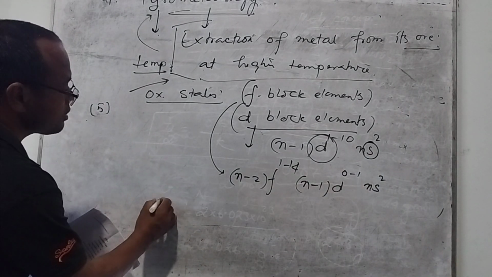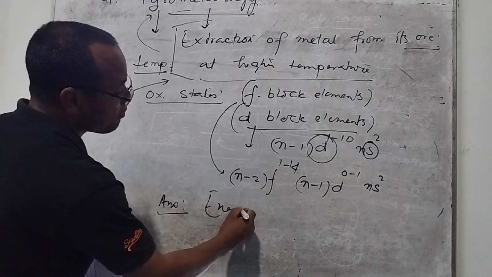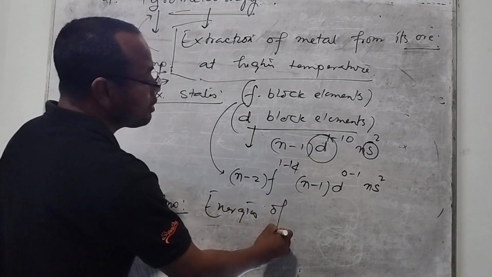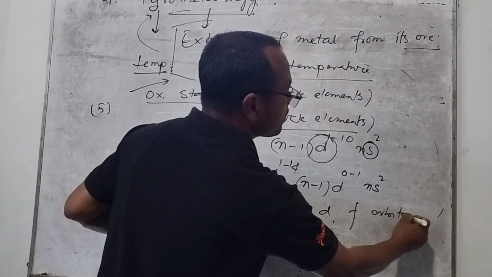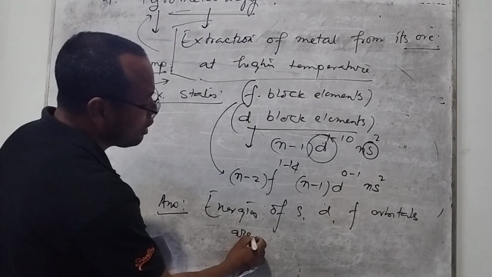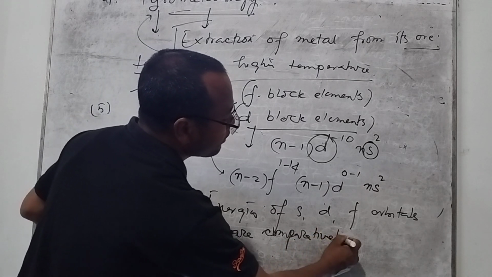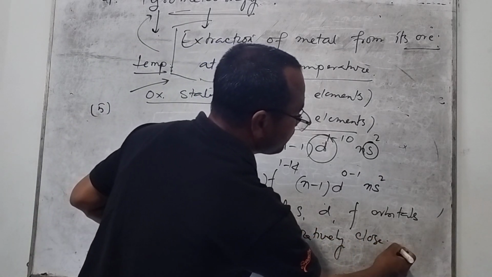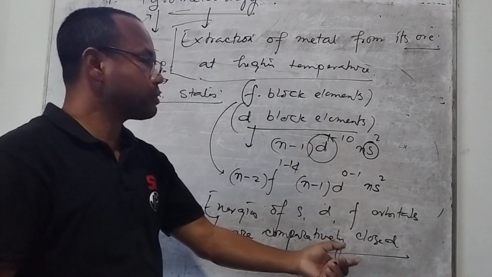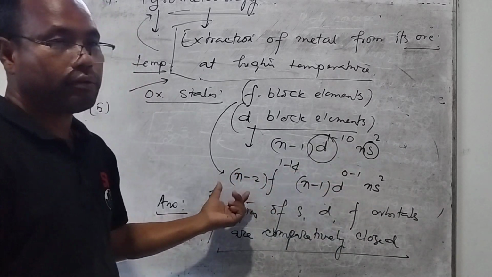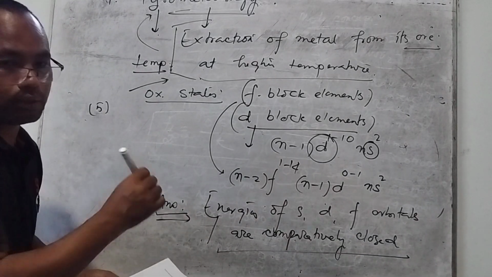Why? The answer is, as I already mentioned, the energies of S, D and F orbitals are comparatively very close. Therefore all these electrons present in the S, D and F are contributed in the formation of the bond. This is the answer of your question.